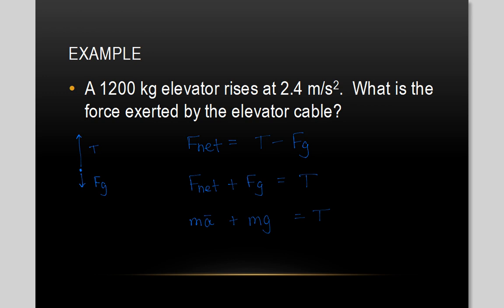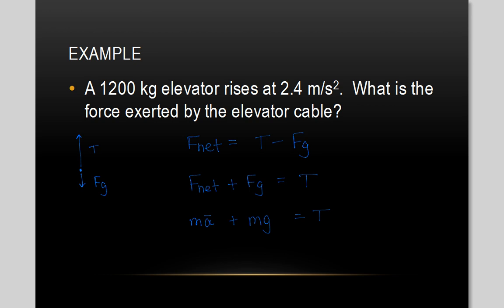Now I want you to think about this left side of the equation, just in terms of the physics. The tension will equal mg plus the net force. Think about that for a second.